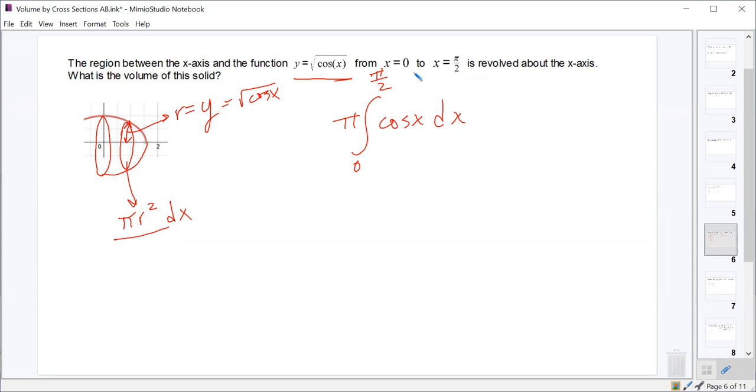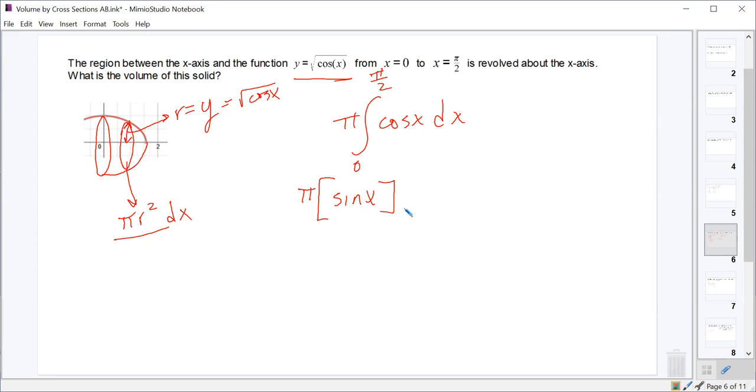And that should give us the volume of this irregularly shaped solid that we otherwise wouldn't know how to deal with. And let's integrate it and solve it. So what's the integral of cosine? Sine.